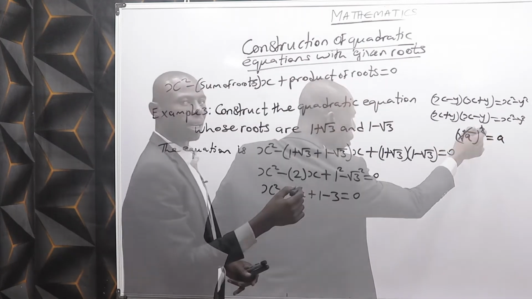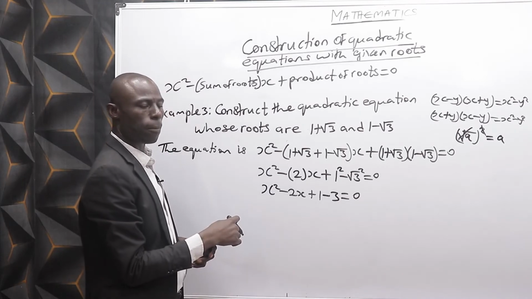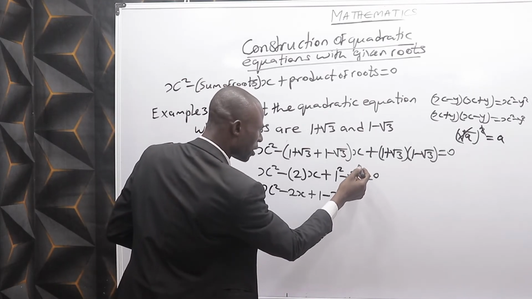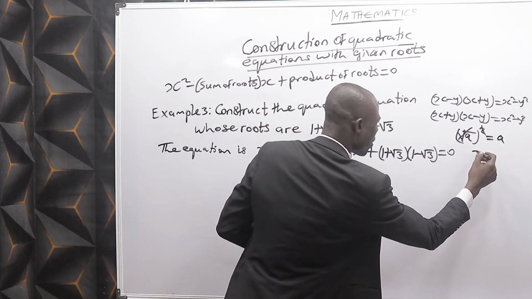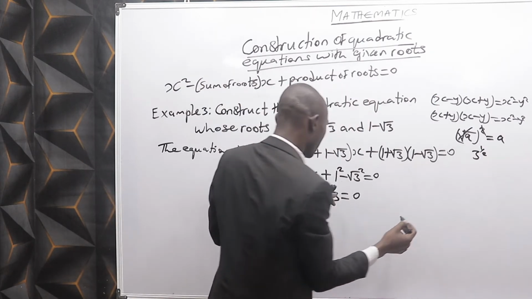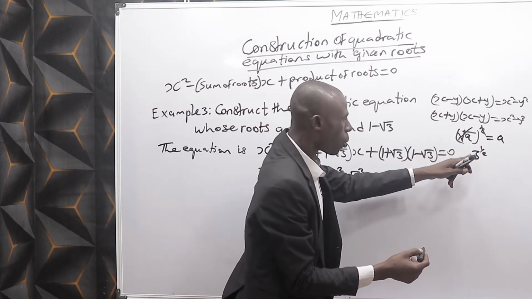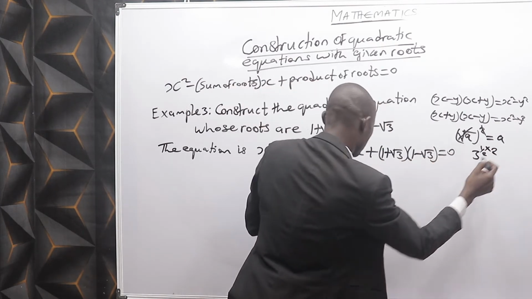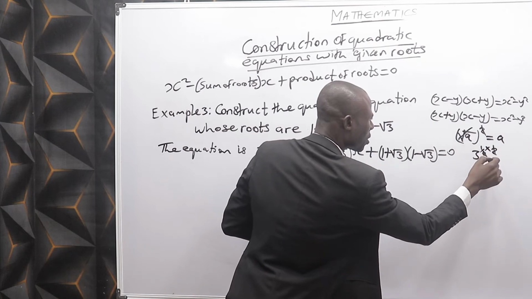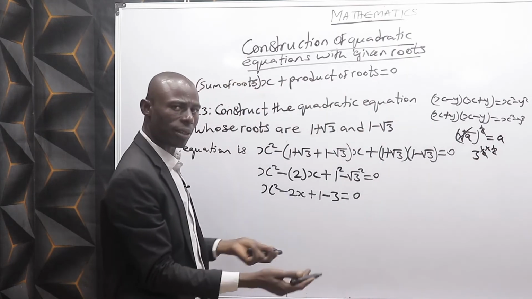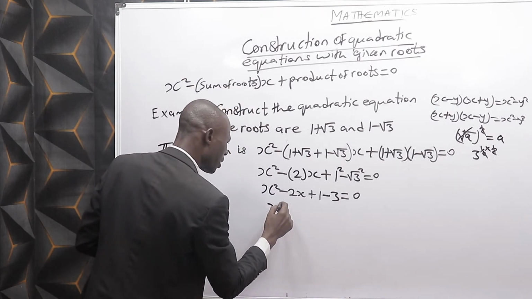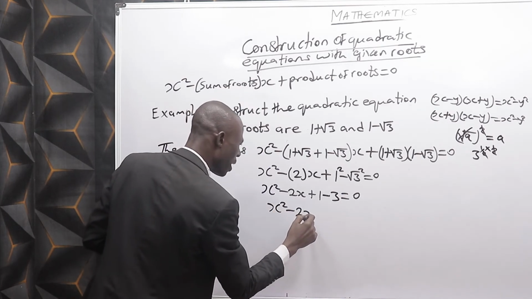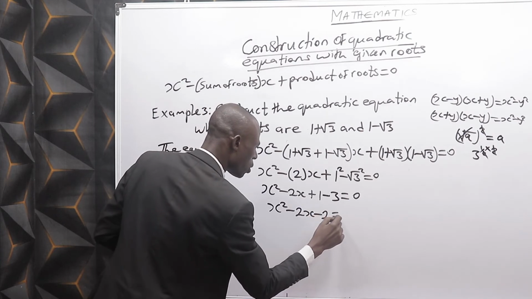This power 2 will neutralize that square root symbol. So the same thing happens here. This power 2 will neutralize the square root symbol because it actually means 3 raised to power half. Square root of 3 means 3 raised to power half times the power 2 that is there. So this will cut this. You have 3 raised to power 1, which is 3. That's the actual meaning. So x squared minus 2x minus 2 equals 0.